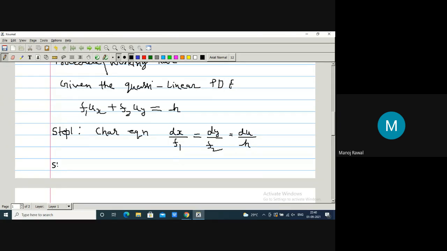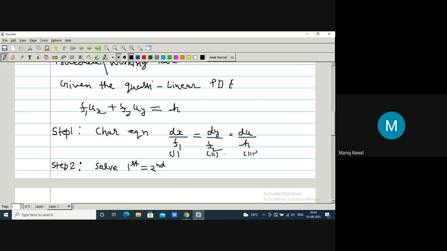Then step number 2: solve first is equal to second. This is the rule, students. Solve first and second, so first is equal to second only. This is first, this is second, and this is third.